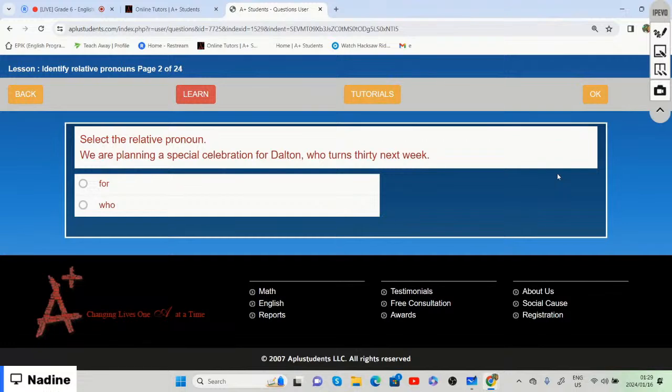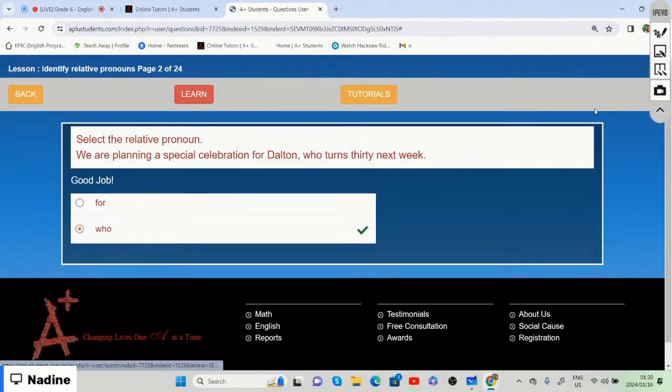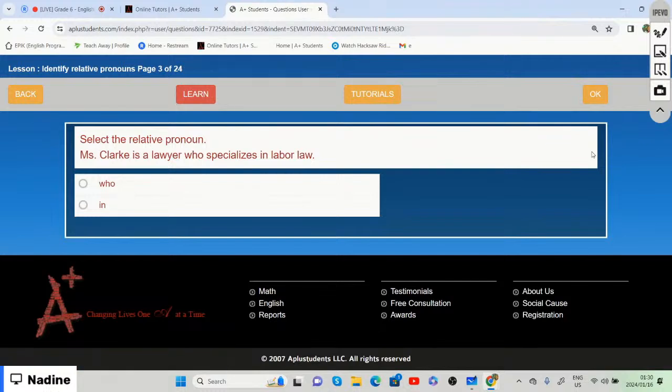And if we choose the correct relative pronoun, we will say who is our pronoun. So who is correct?